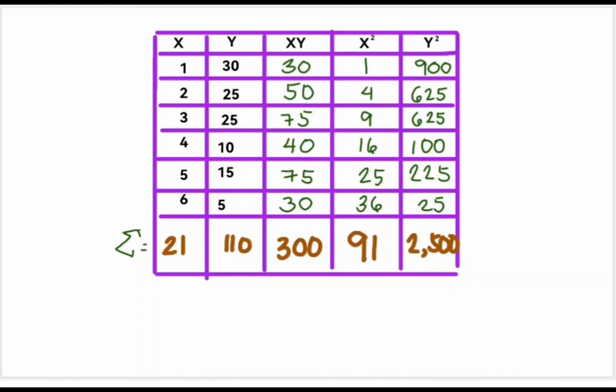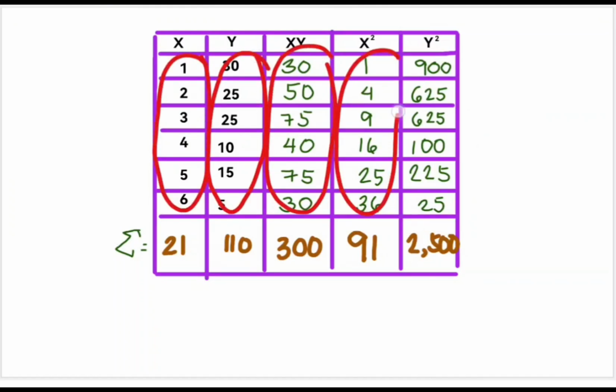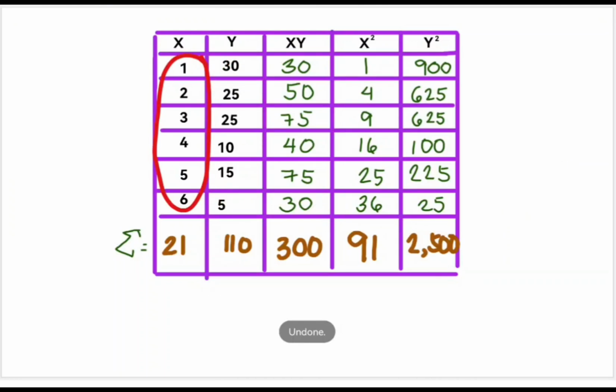Now, since we are already done with this part, all you have to do is sum the values per column. If we add these numbers, that will result to 21.